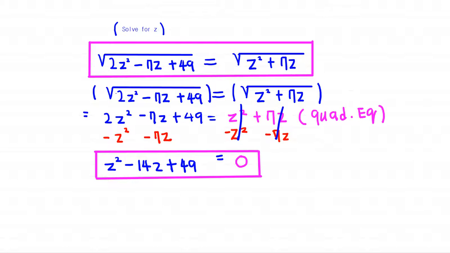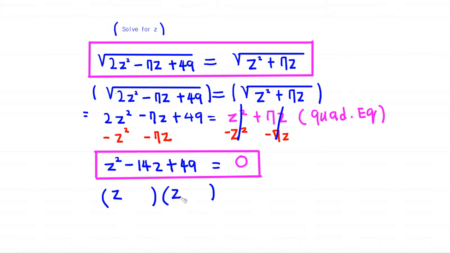So we factor z squared minus 14z plus 49 into binomials, and we can't forget the 0 on the right side.